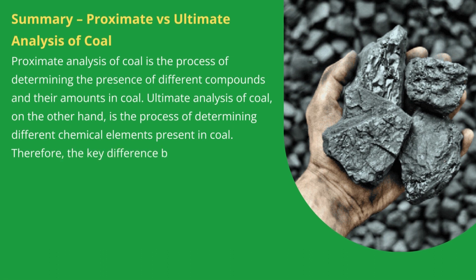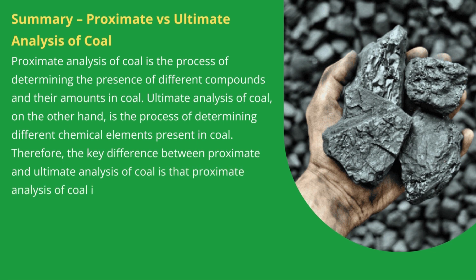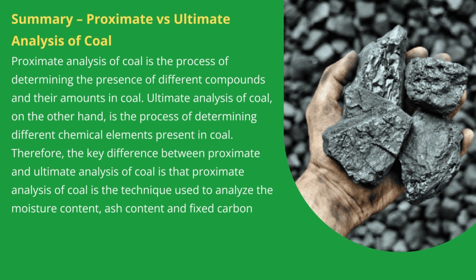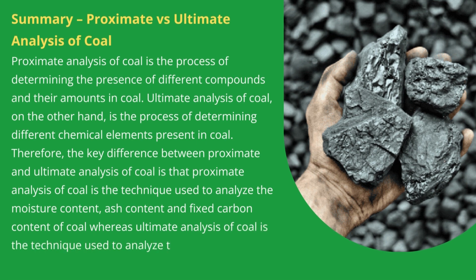Therefore, the key difference is that proximate analysis is used to analyze the moisture content, ash content and fixed carbon contents of coal, whereas ultimate analysis is used to analyze the chemical composition of coal.